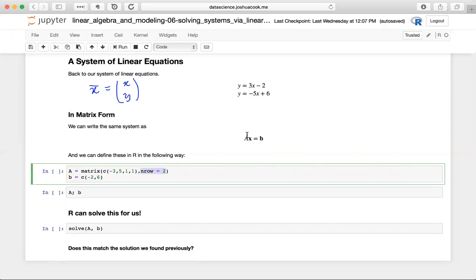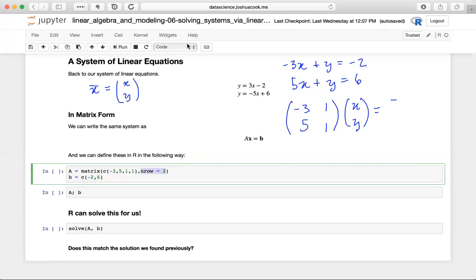We changed these equations into negative 3x plus y equals negative 2 and 5x plus y equals 6, which we convert into matrix notation by making the matrix negative 3, 5, and 1, 1 times the vector x, y is equal to negative 2, 6.